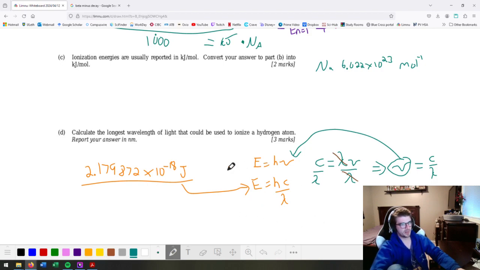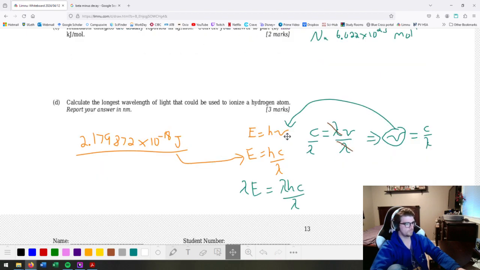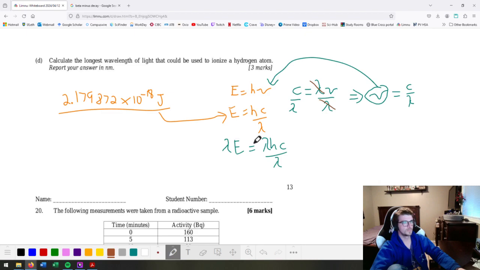If we rearrange this, first we multiply both sides by lambda, canceling that lambda, and we've got lambda E equals hc.